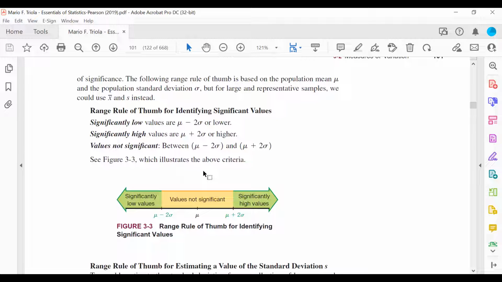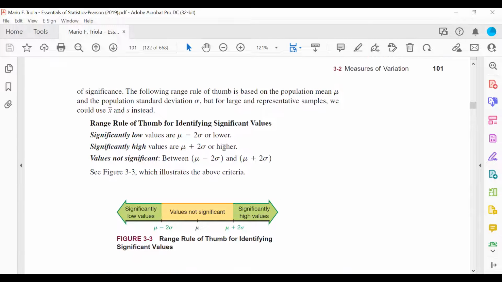So we're first going to look at identifying significant figures or significant values. We also refer to that as minimum usual, max usual. So we're going to go over the maximum usual and the minimum usual. And there's two formulas.